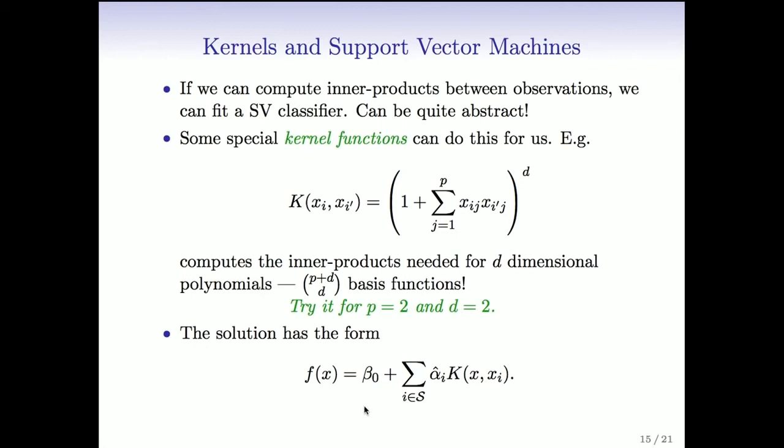Then we get a solution of this form, because again, k is computing the inner product between the target point x and each of the xi's in the sample. Once again, these alpha i's are going to be non-zero for only those points in the support set. So that's where the kernel comes into the support vector machine.